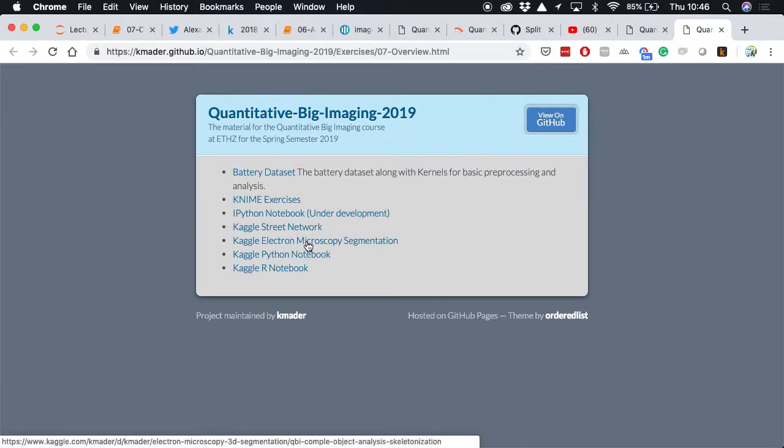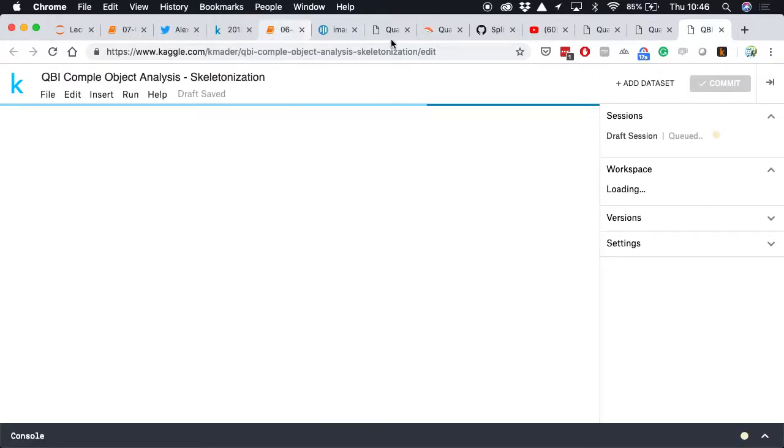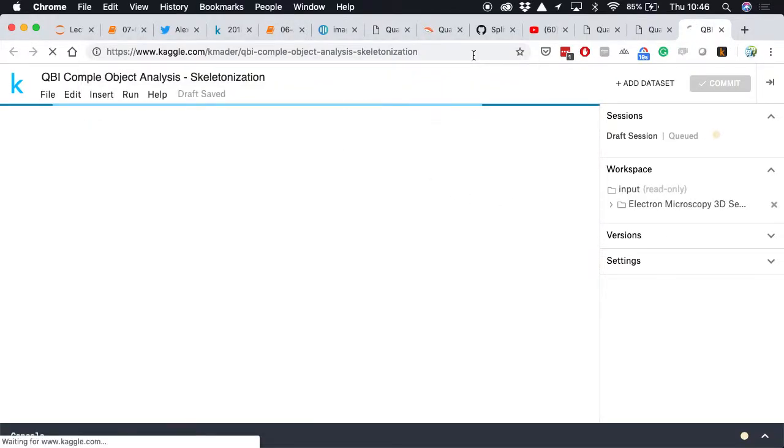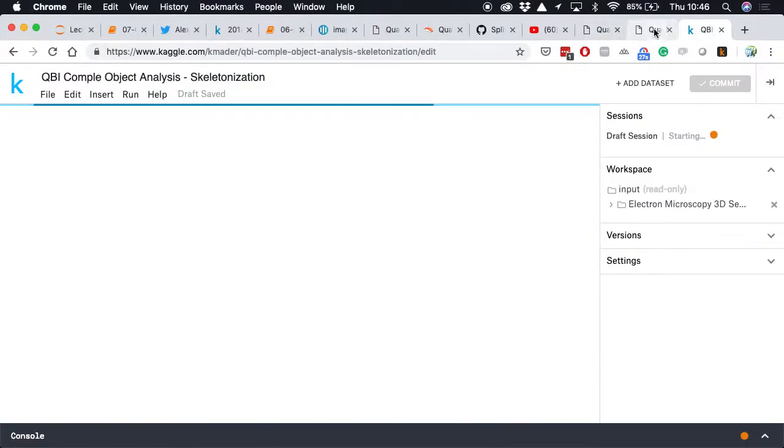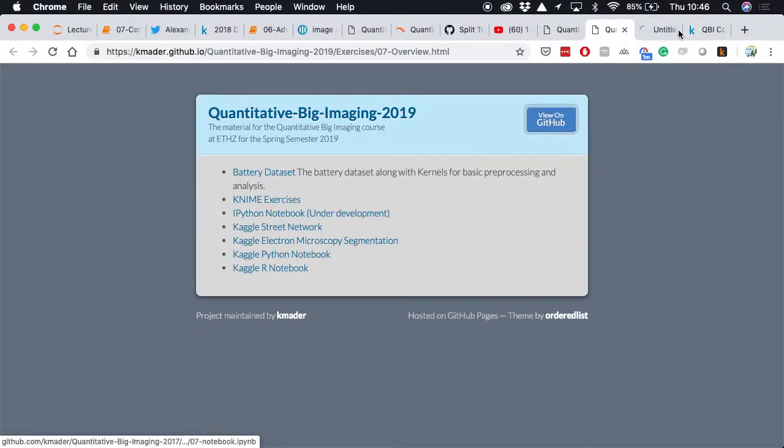And we have the electron microscopy segmentation, and we have the street network.